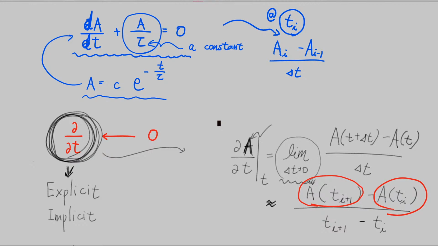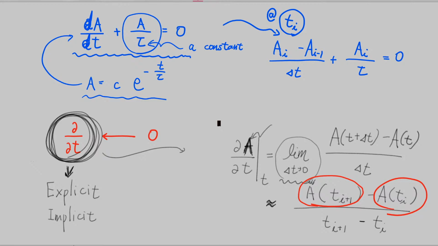Please note that this delta t is defined as the time difference between t sub i and t sub i minus 1. Then here you have A sub i over tau. So are you with me?